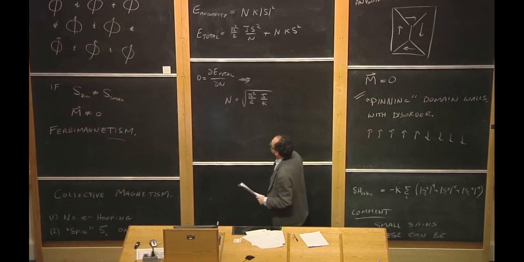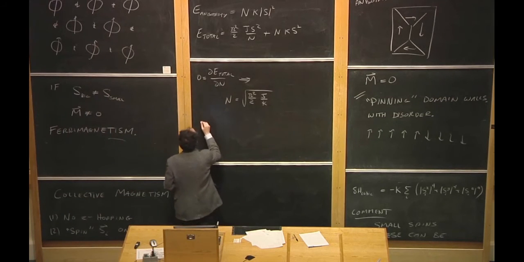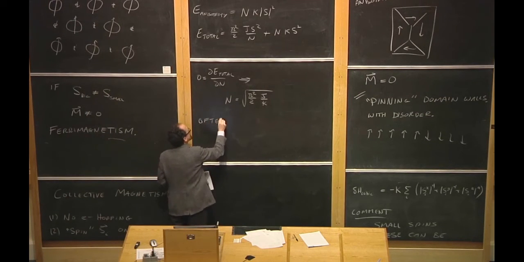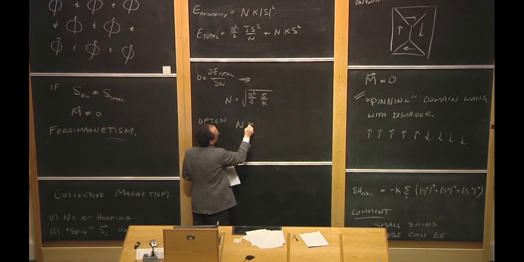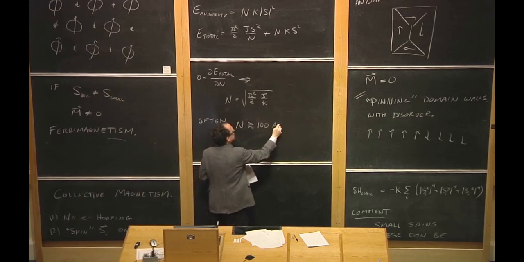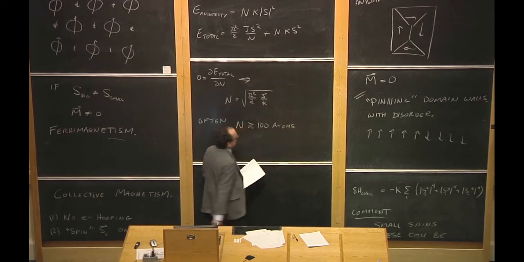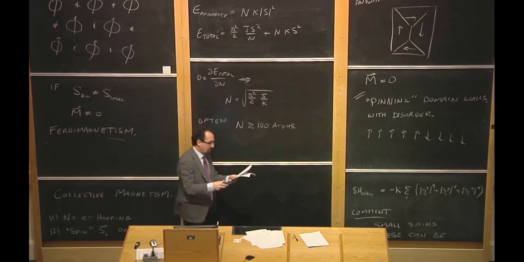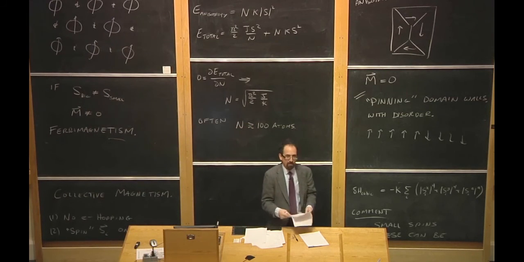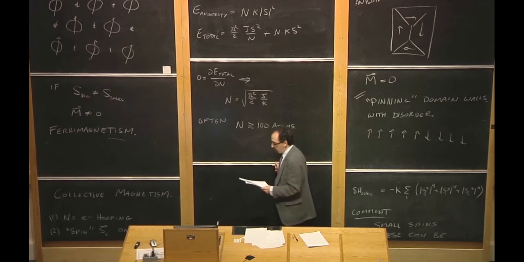Now, in real magnets, it's very often the case that N is greater than or about equal to 100 atoms. So you can have these Bloch walls or these domain walls or Néel walls be actually quite wide.